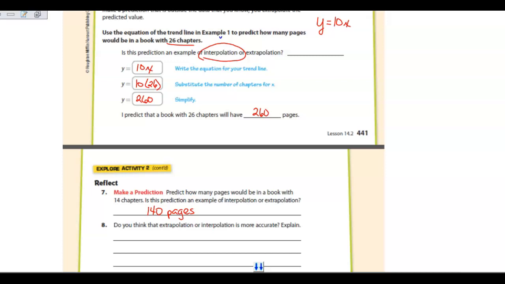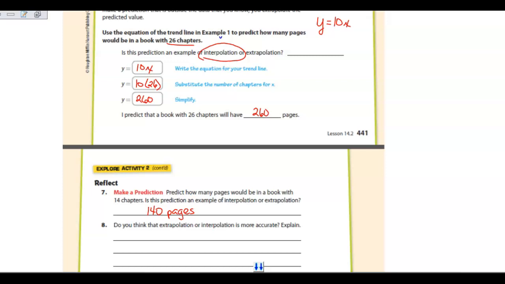Do you think extrapolation or interpolation is more accurate? I think the only way you can get an extrapolation of this would be if you found books in a bookstore, maybe 10 of them that had 14 chapters, or 20 chapters or 26 chapters, whatever it is, and then looked to see how many pages were in those books.